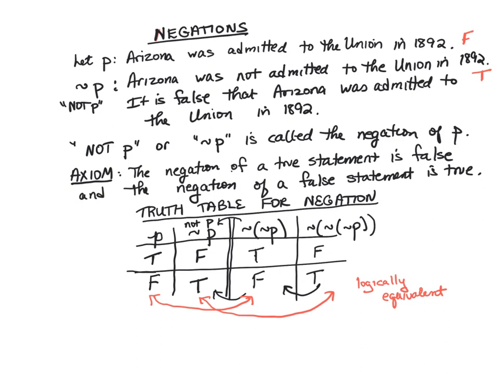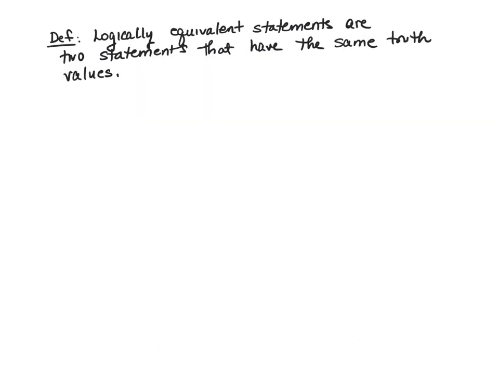So let's define that on the next page. So logically equivalent statements are two statements that always have the same truth values. And the symbol for logically equivalent looks like an equal sign, but there is an arrow on each end. And we read this as logically equivalent to.